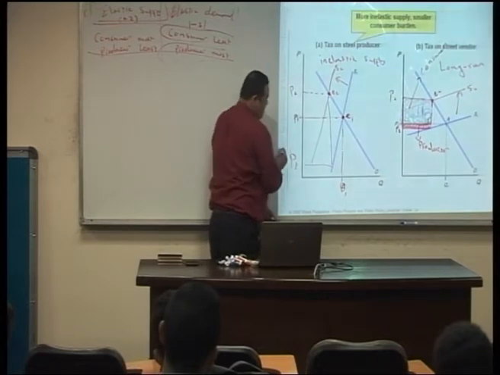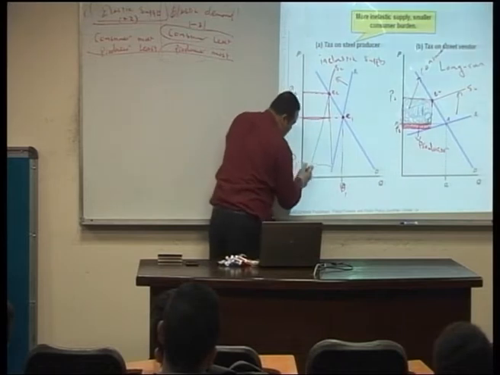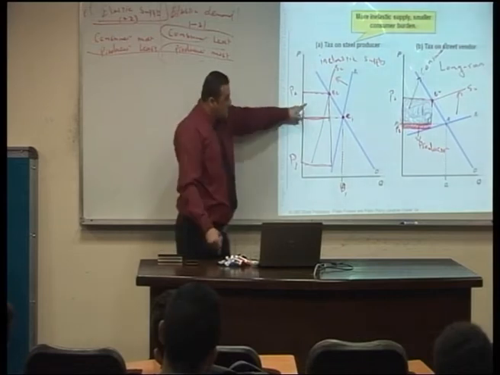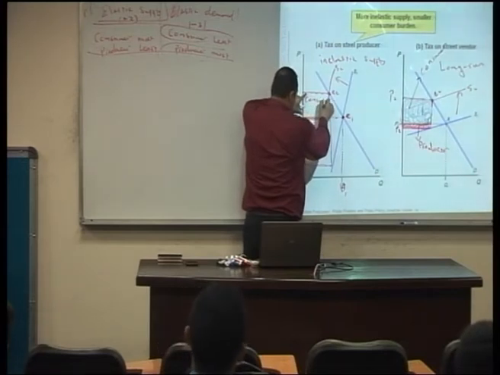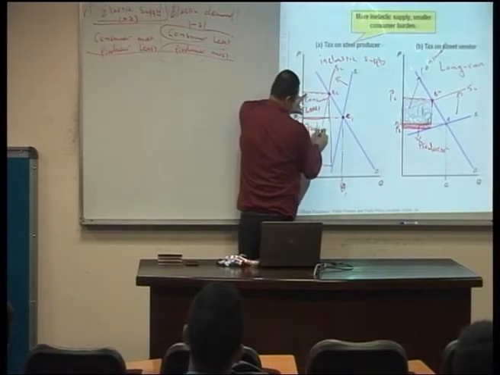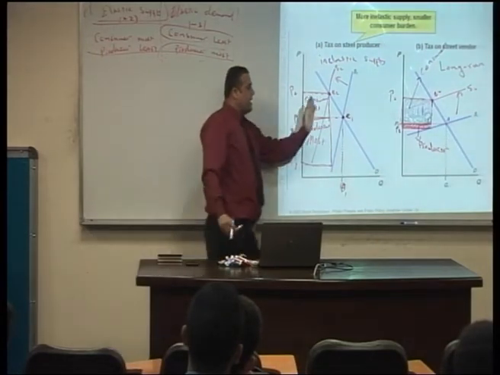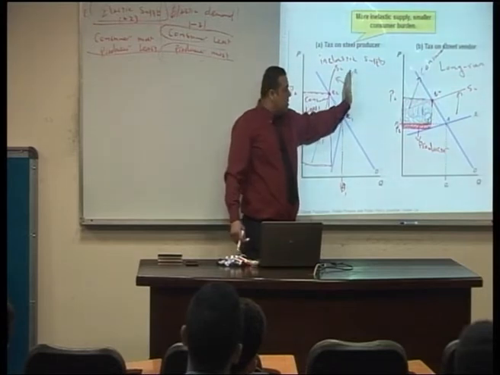What do you see? This is the consumer share of tax burden, and this is the producer share of tax burden. What do you see? The consumer pays the least of tax burden. This is the consumer share, which is the least, and the producer share is the most. So, when supply is inelastic, which is close to the vertical axis, vertical line, what do you see?